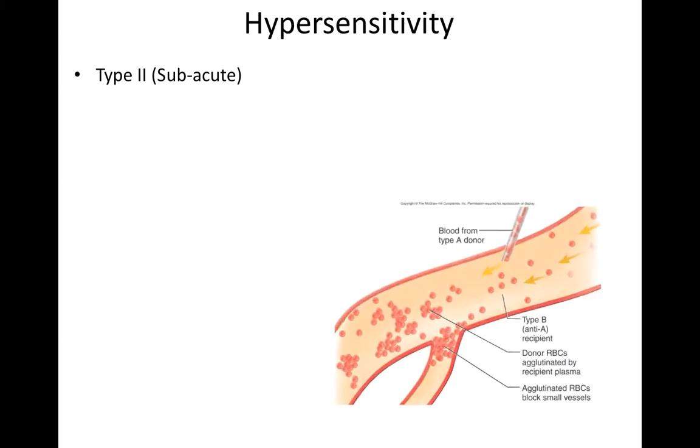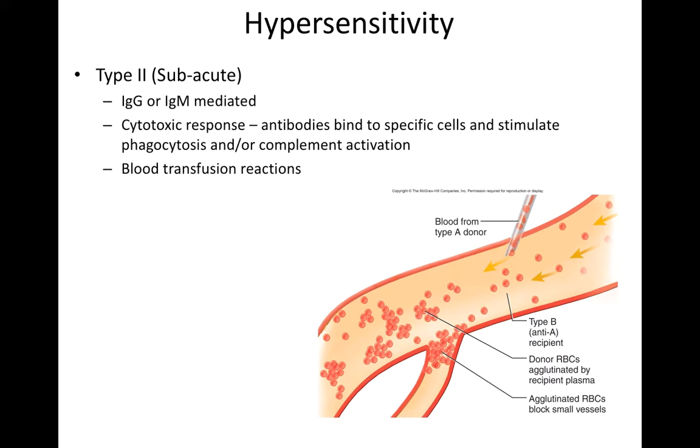Type 2 and 3 are called subacute and have significant overlap with autoimmunity. So type 2 is going to be either IgG or IgM mediated, and it's what's called a cytotoxic response. So cytotoxic means cells die.